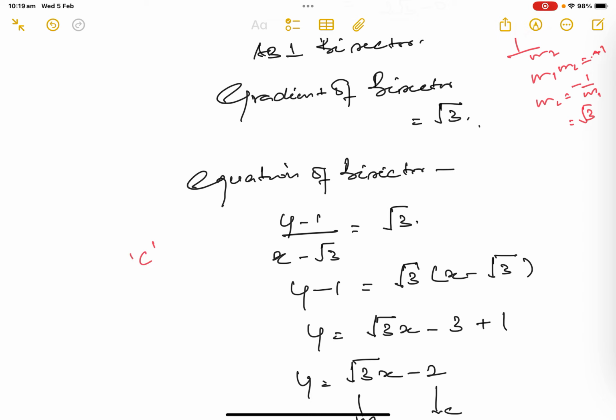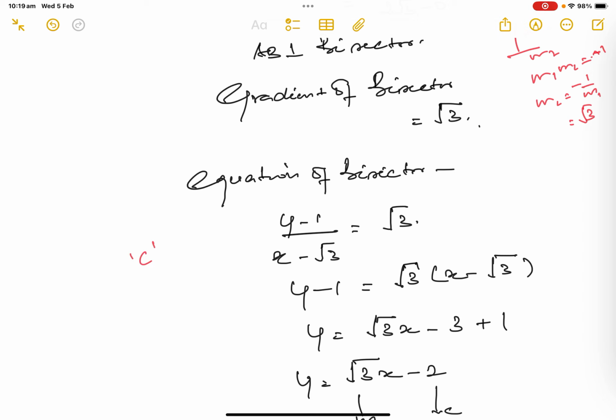Equating them, y minus 1 is equal to root 3 times x minus root 3. Removing the bracket, root 3 x minus root 3 times root 3, which is minus 3, and taking the minus 1 to the other side, positive 1. Therefore, y equals root 3 x minus 2.